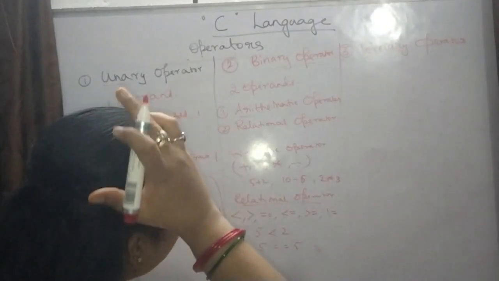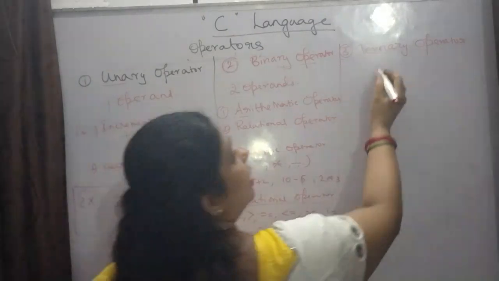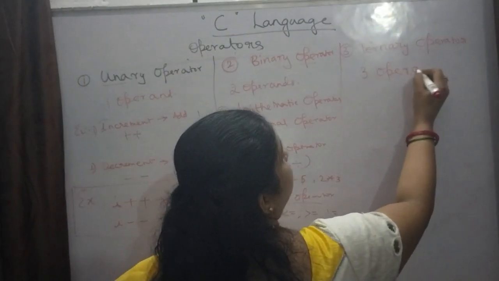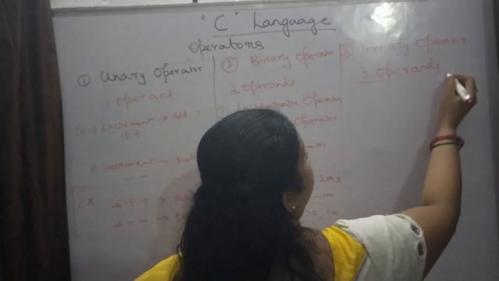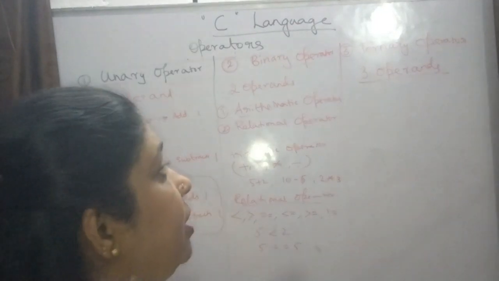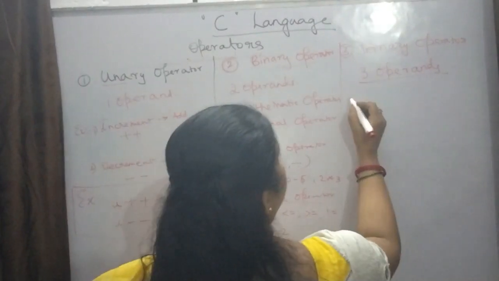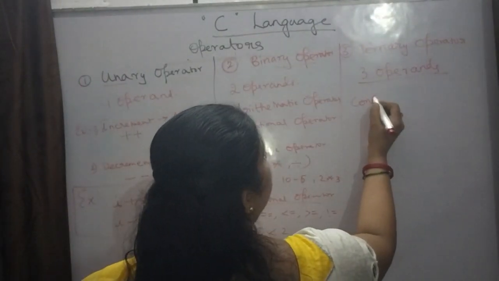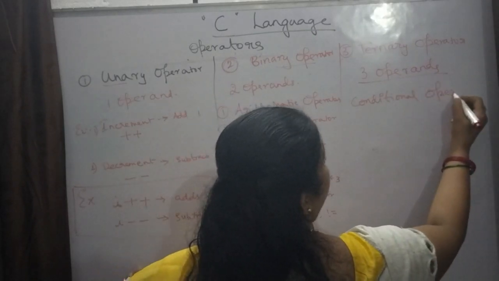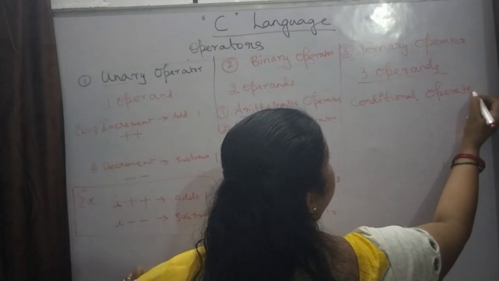Okay. And the third one is the ternary operator, where compulsorily 3 operands should be there. Minimum 3 operands; without 3 operands you cannot work with the ternary operator. Here the conditional operator is used. What are conditional operators?